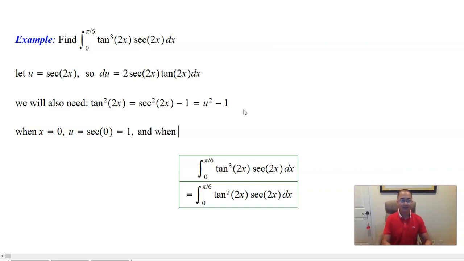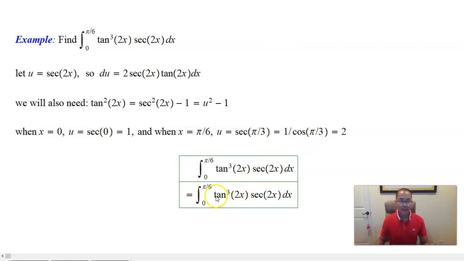And when x is pi over 6, u is secant of twice, so pi over 3, which is 1 over cosine pi over 3. Are you thinking? Cosine pi over 3 is 1/2, 1 over 1/2, so we get 2.